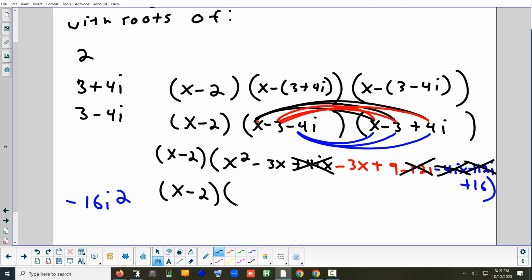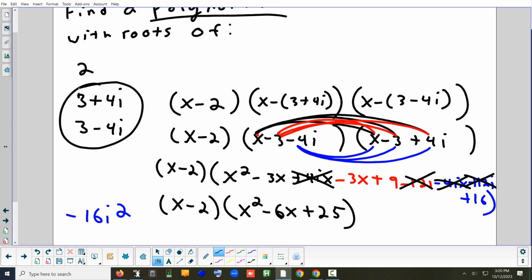And what's going to be my other factor? X squared minus 6x plus 25. Okay, so now x squared minus 6x plus 25, that's a parabola that would have those as the answers.